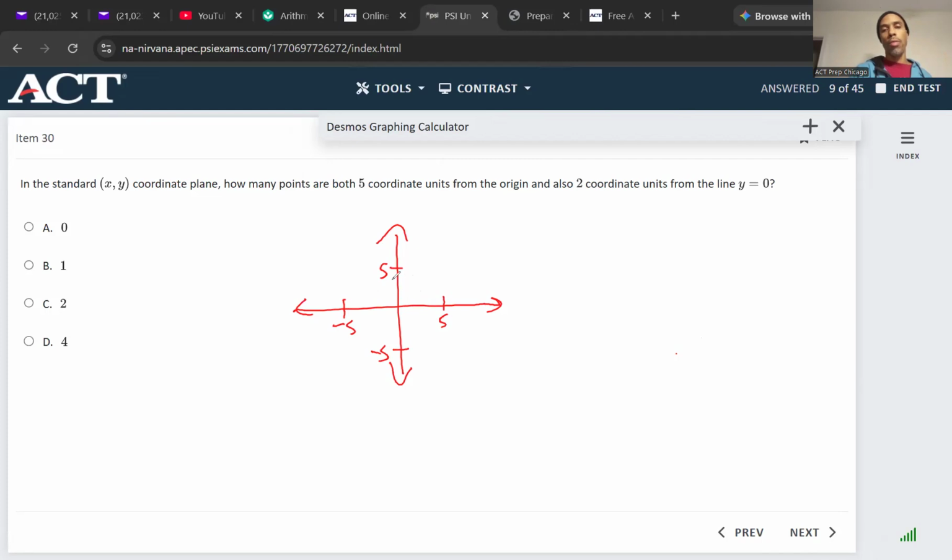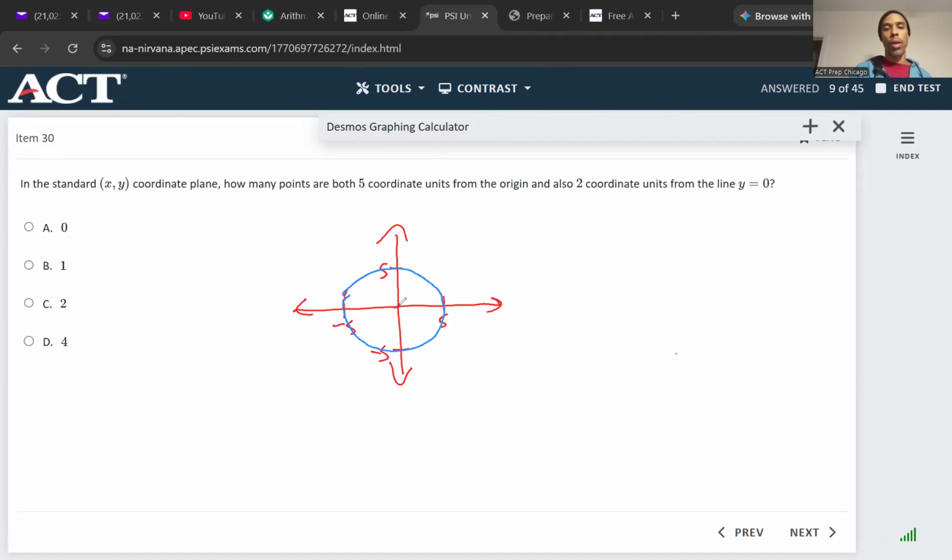But then you also have circles. So basically you're talking about a circle with a radius of 5, right? That's the set of all points that are 5 units from the center, from the origin.